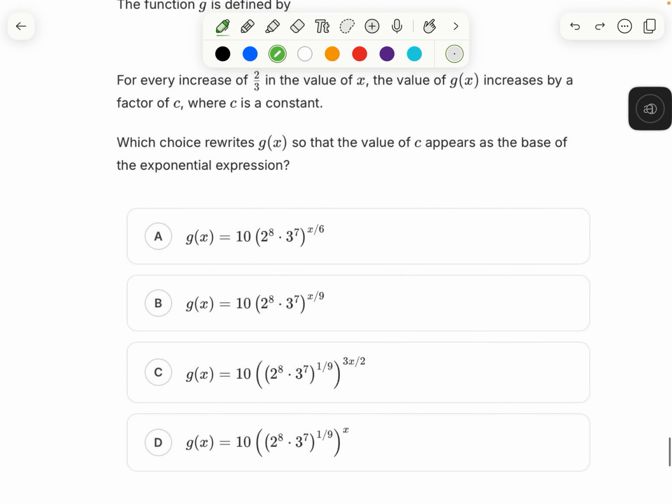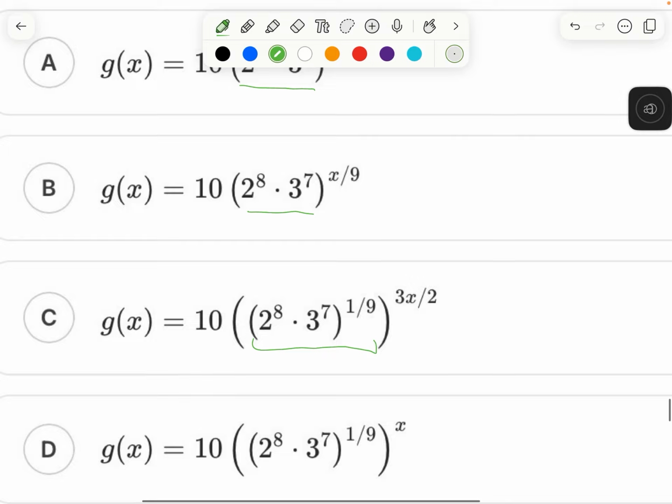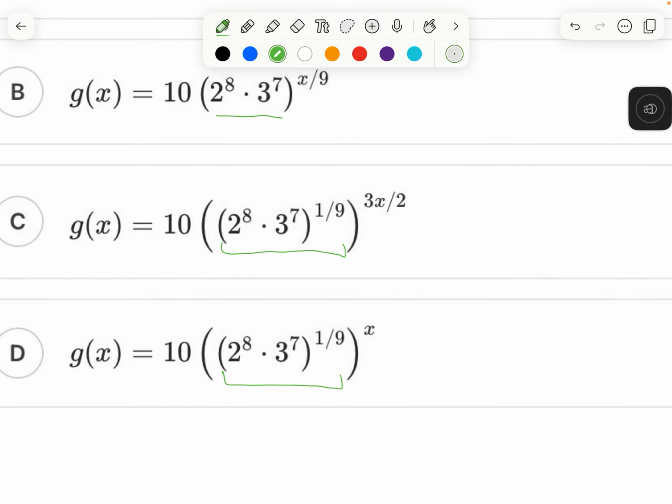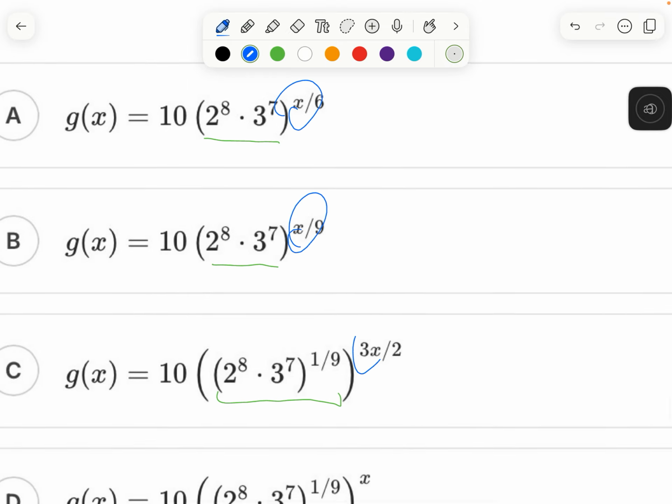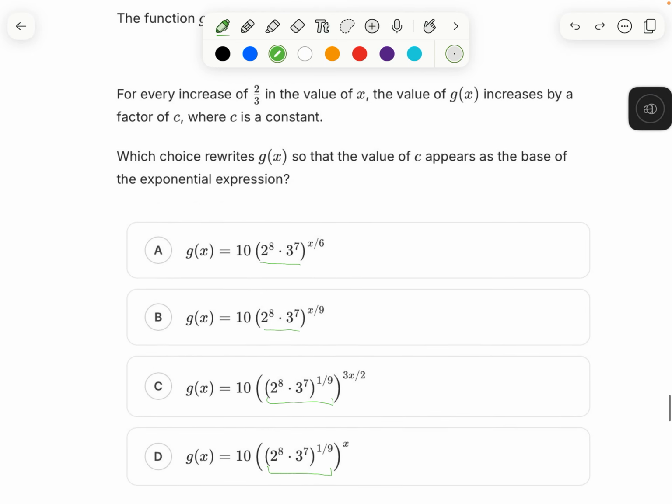When it says the base of the exponential expression, it's referring to the inside part of the exponential. That's the base. This is the exponent, of course, and this is just a coefficient. But we're trying to look for the base. So how do you even do this?